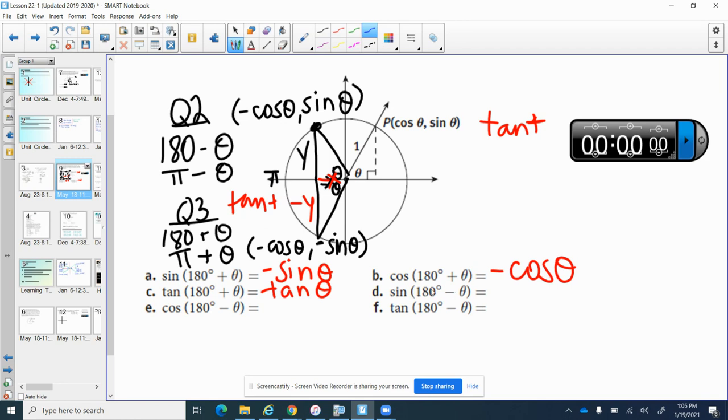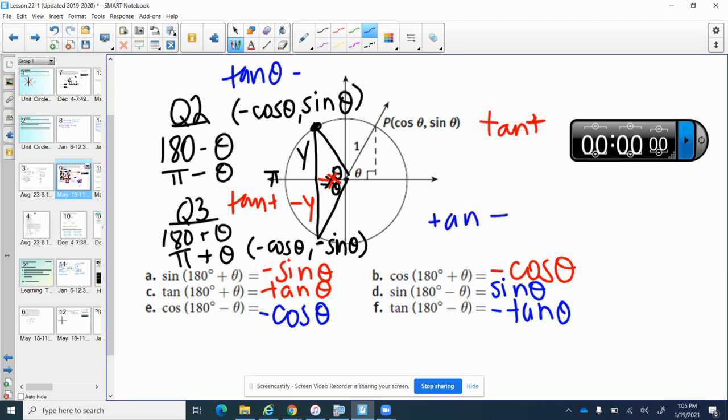And in quadrant 2, 180 minus theta, the sine value was positive, so it's the same as quadrant 1. Cosine, however, is negative in that quadrant. And finally, tangent, since we're dividing a positive by a negative, sine divided by cosine is going to overall be negative because tangent is negative in quadrants 2 and quadrant 4.